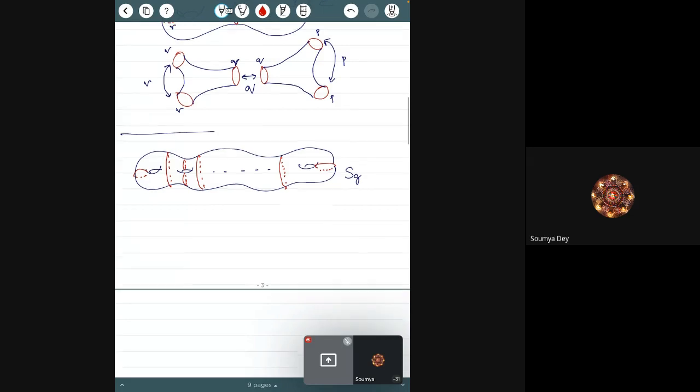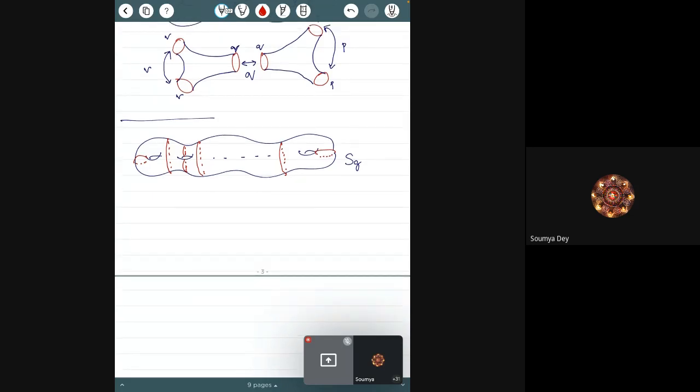And then for each of these red curves, as we have just seen, these lengths are up to our choice. So you consider positive reals, let us denote that as R plus. And you have how many curves? 3g minus 3 curves, right?